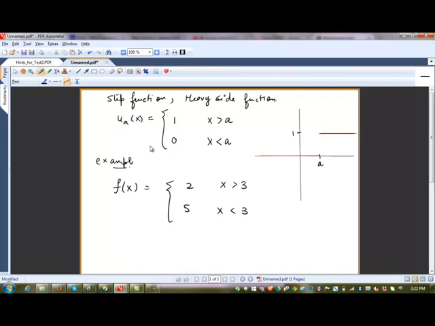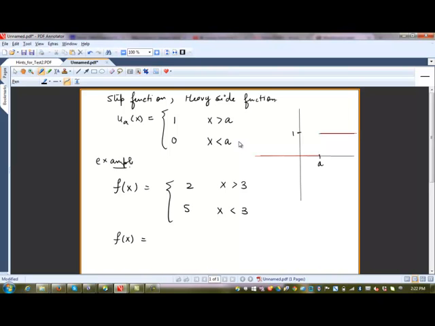So first of all, I will make use of u3, because it's discontinuous at 3. Now how can I manipulate that so that I get f in terms of u3? Can you give me an expression? I want to write f in terms of u3.